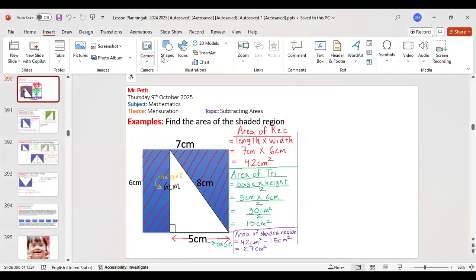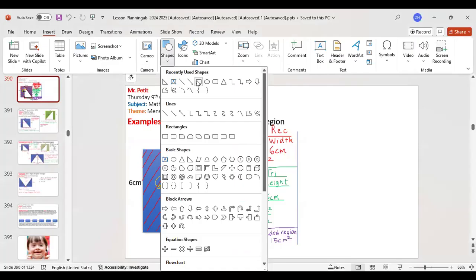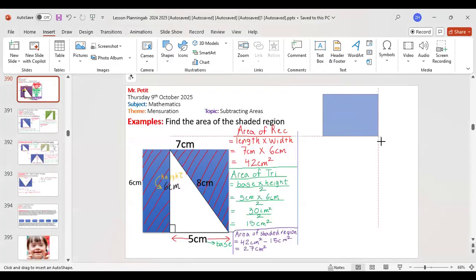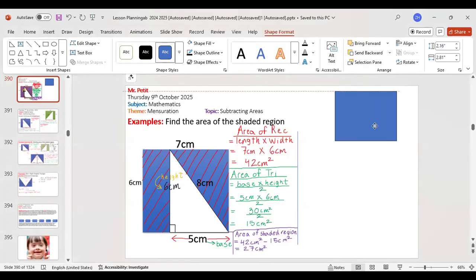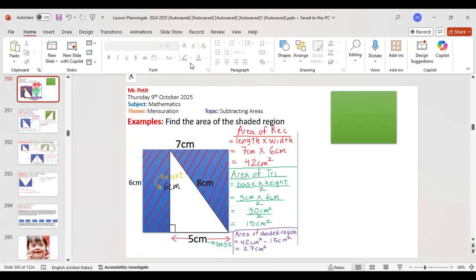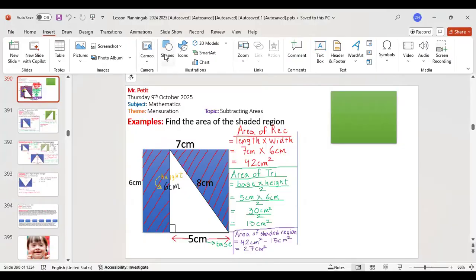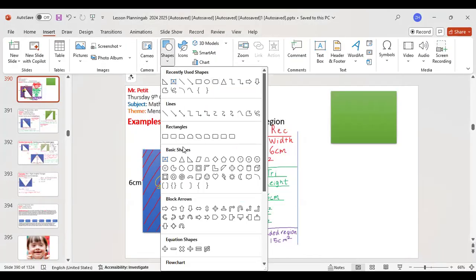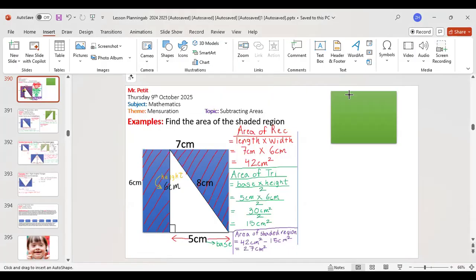So let's say we have this shape, right, and let's use a green, and let's say we have a right triangle as well. So let's put this here.